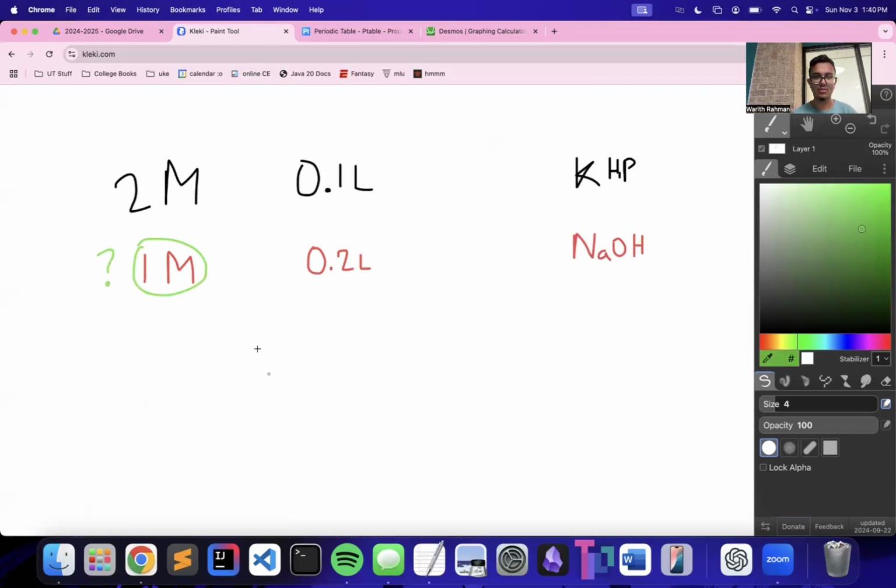So in theory, 2 times 0.1, or 0.2, should be equal to 0.2 times our question mark. The issue is that if we add too much NaOH, this value becomes too big. This value is going to increase, and as a result, this value decreases. So that causes our calculated molarity of the sodium hydroxide to be too low.